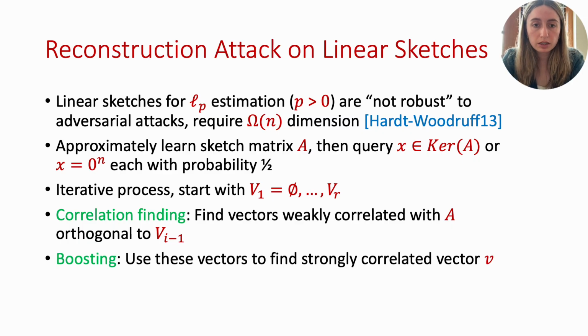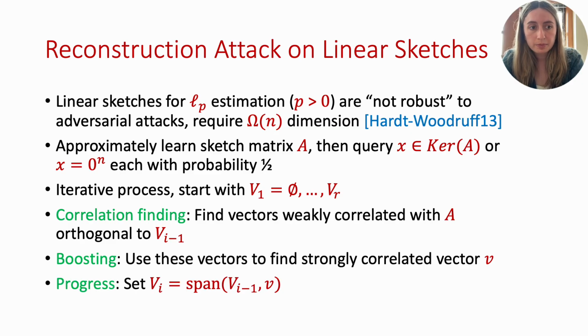The next step will be a boosting step, so we will use the vectors we found earlier to find an even stronger correlated vector to the row space of A. And finally, we will make progress by setting the new subspace, Vi, to be the span of all of the previous orthogonal vectors that we found earlier, and also this newly found strongly correlated vector, V.